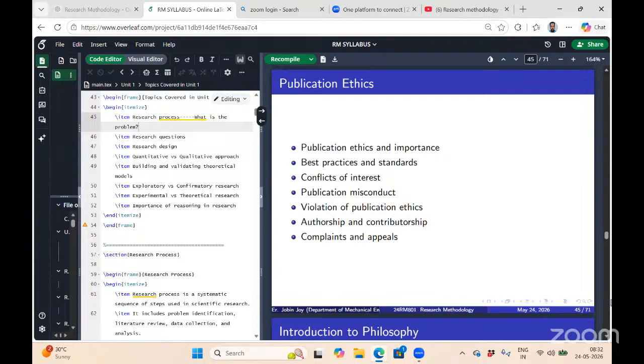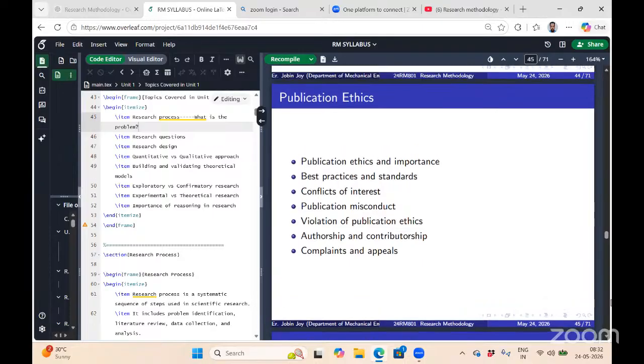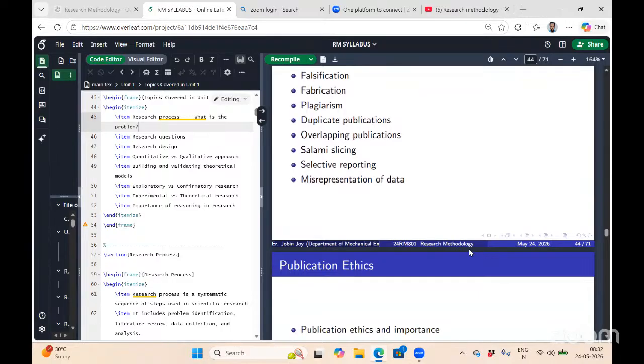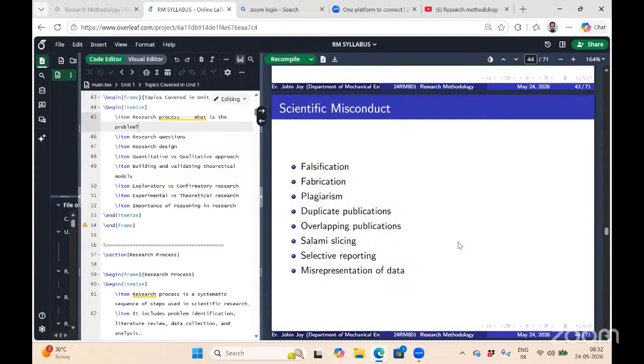Why is this required? Because we have to prevent the scientific misconduct explained earlier, like plagiarism, fabrication, falsification, duplicate publication, overlapping publication, salami slicing, misrepresentation of data, etc. So we have to follow some ethical standards to avoid this scientific misconduct.